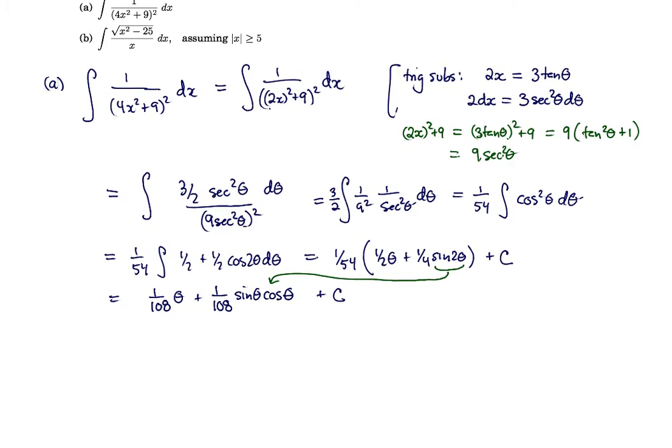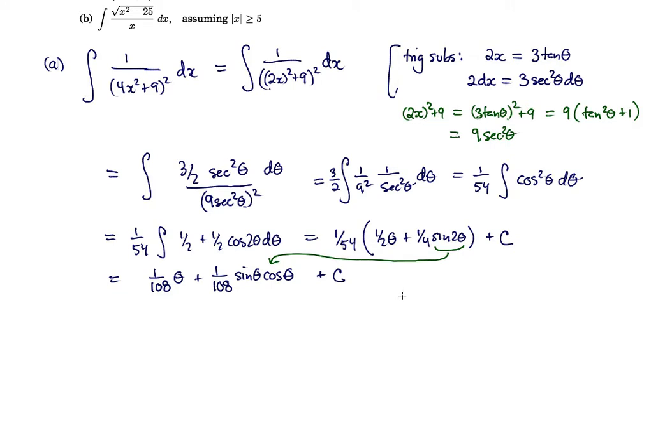Now at this stage we need to re-express everything back in terms of x again, so we're going to use our relationship between x and theta. Get our little right triangle drawn to get back in terms of x. So that's theta. What we have is that tan theta is 2x over 3. That's what this relationship tells us above.